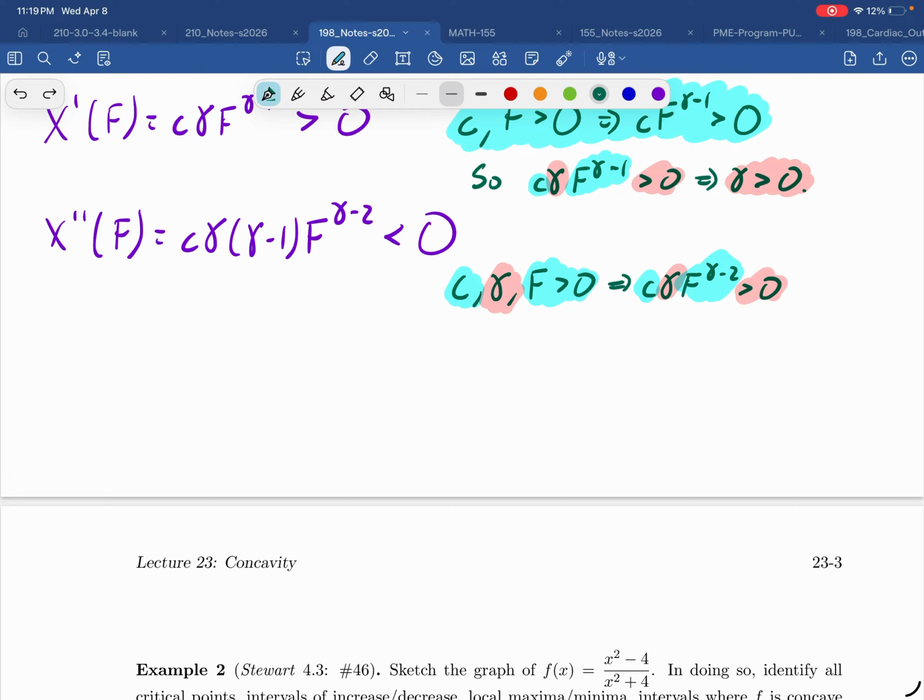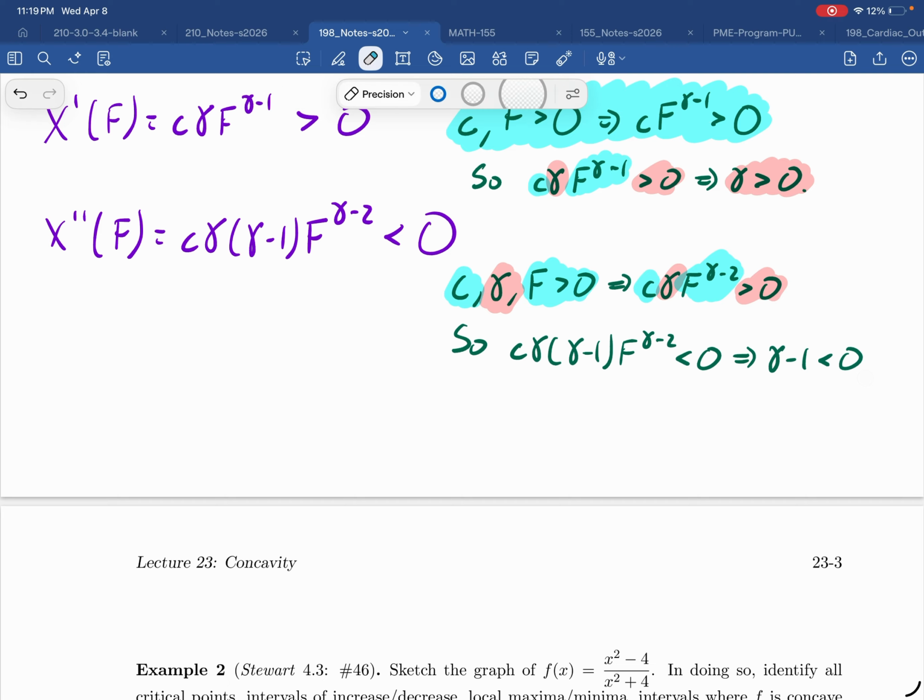So C gamma minus 1, F to the gamma minus 2 less than 0 implies gamma minus 1 needs to be less than 0. Or if you add 1 to both sides, gamma needs to be less than 1.